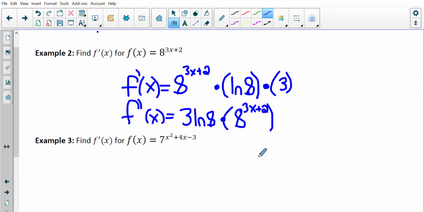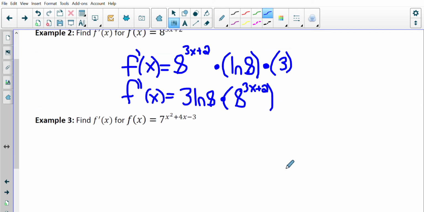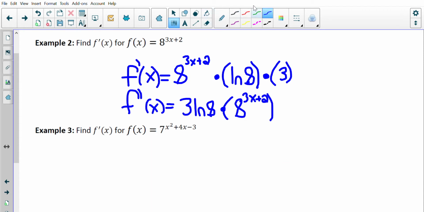And there we go. All right, well, a little more complicated, a little more elaborate exponent on our next one, where we have f of x is equal to 7 to the power of x squared plus 4x minus 3. But again, follow the same format here, where I have f prime of x is equal to our original function, 7 to the power of x squared plus 4x minus 3.